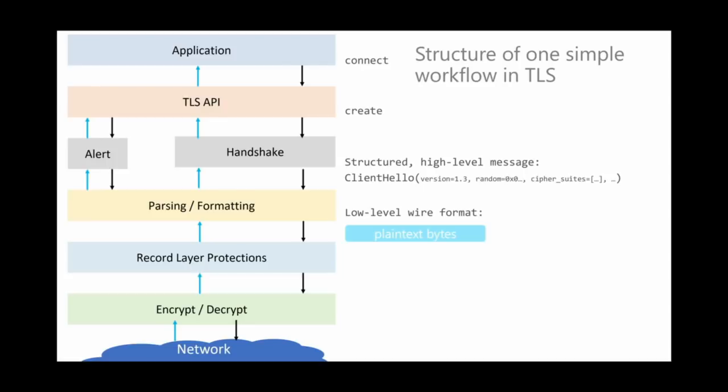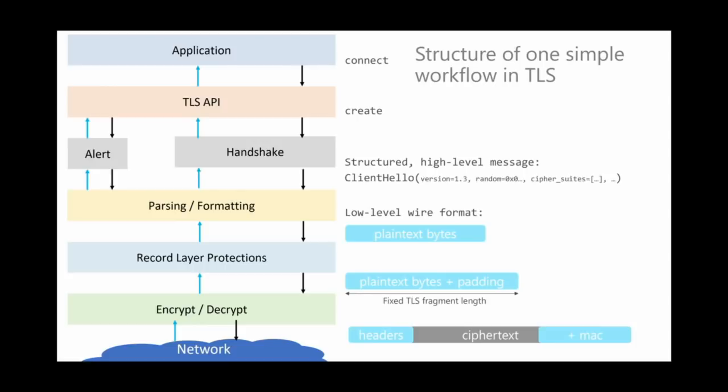The TLS record layer subprotocol is going to add some padding to hide lengths. And then finally, at the very bottom, there's going to be the addition of a ciphertext and a MAC to protect the actual message that goes out. So at each level, we have various proof obligations.